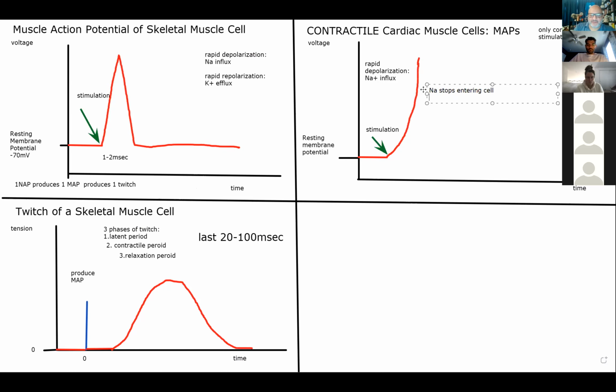What actually happens here is the permeability of potassium decreases. That's a fancy way of saying less potassium can leave the cell. And if less positive ions leave the cell, then doesn't that leave the inside of the cell more positive?